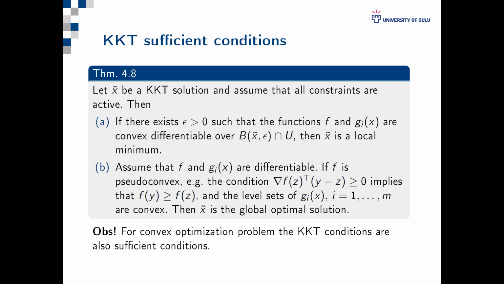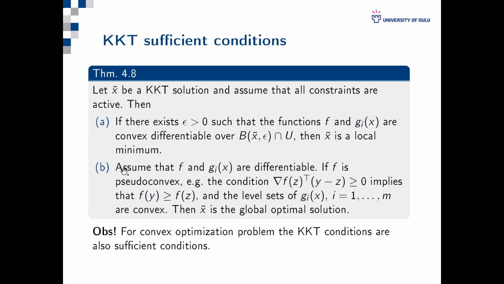So it is a little bit more general than convex. And if the level sets of the constraint functions are convex, then x is the global optimal solution. So in this case, the Karush-Kuhn-Tucker conditions are also sufficient conditions.